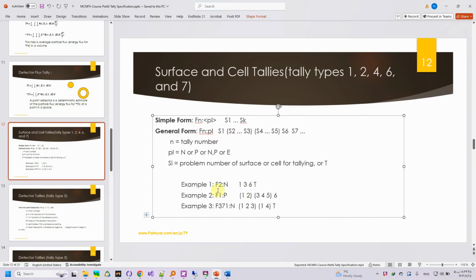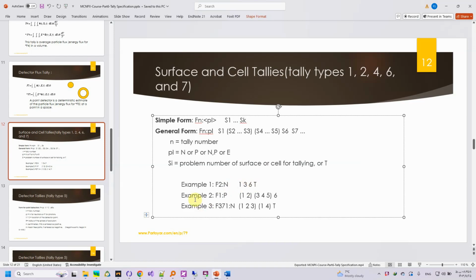As an example 1, Fn here is 2, it means that we want to calculate tally number 2 of neutrons over surface 1, surface 3, surface 6, and at the last we want to get the total of these parameters.